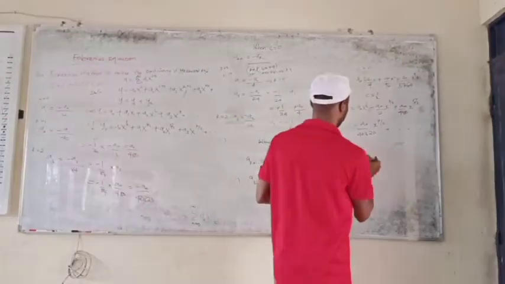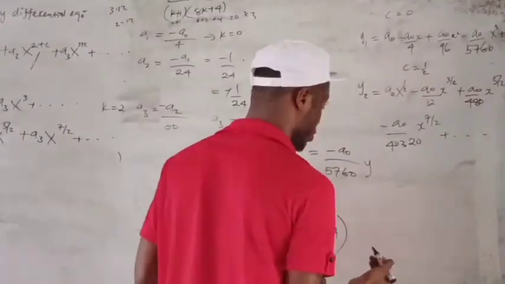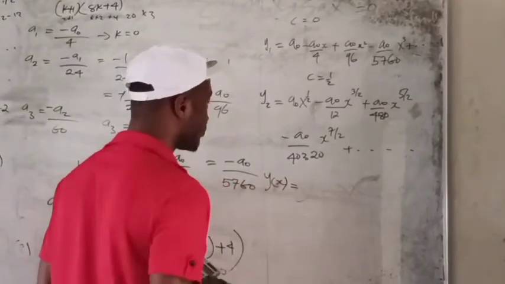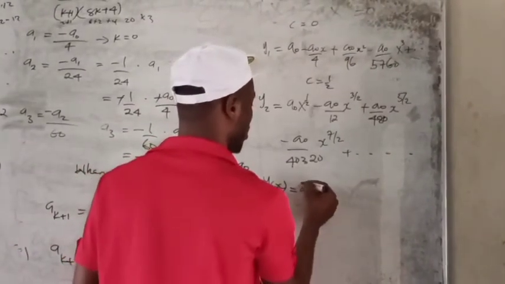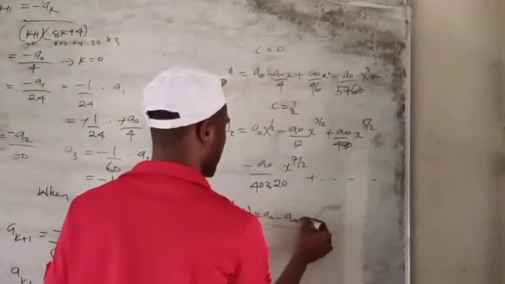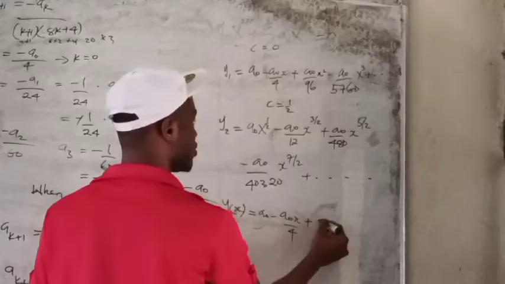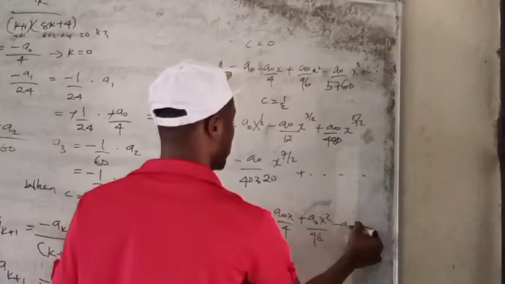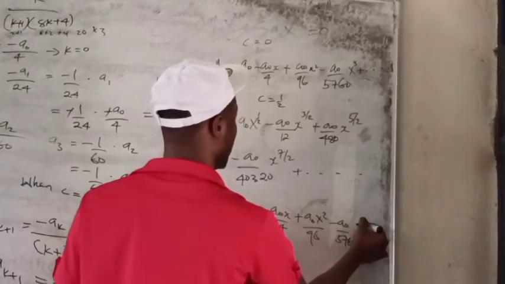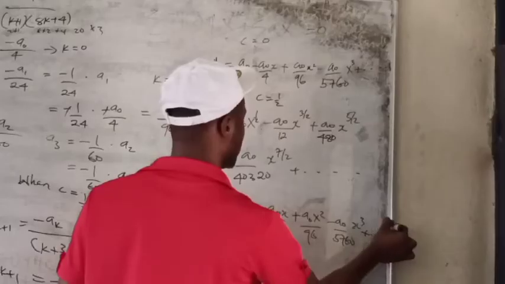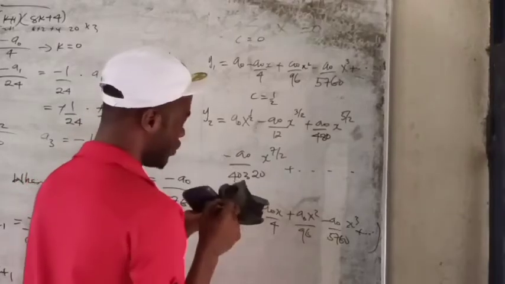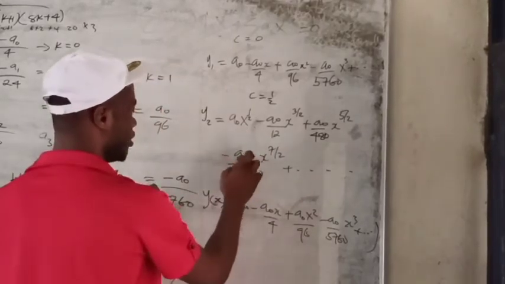Hence, my solution y of x is equal to a0 minus a0 x over 4 plus a0 x squared over 96 minus a0 over 5760 x cubed, and so on, plus, since I've already used a0 here, let me decide to use b0. It doesn't matter, okay?